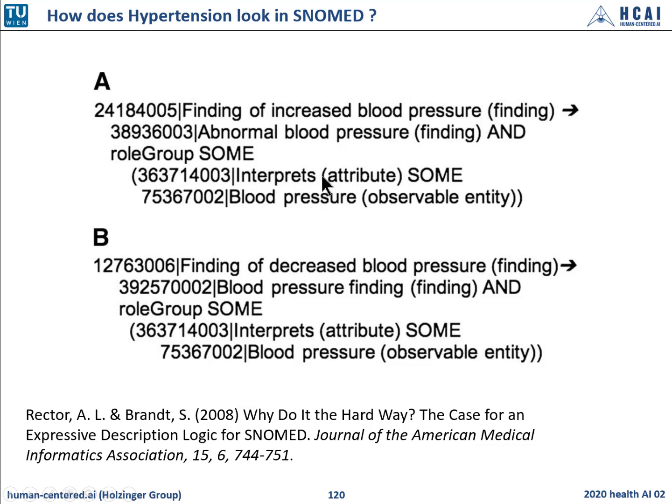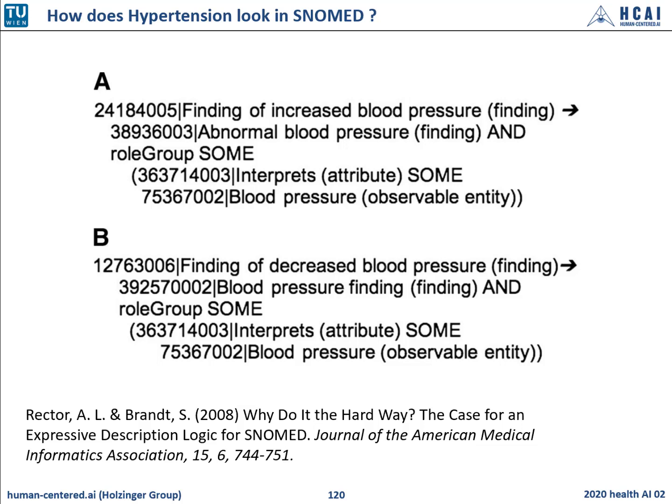The term observable generally refers to an aspect of the patient that can be quantified or qualified, for example blood pressure or skin color or body mass index and so on. The finding, on the other hand, usually refers to something which is either present or absent, possibly with additional qualifications, for example diabetes or fractures and so on, or the state of some observables such as increased blood pressure, which we see here.